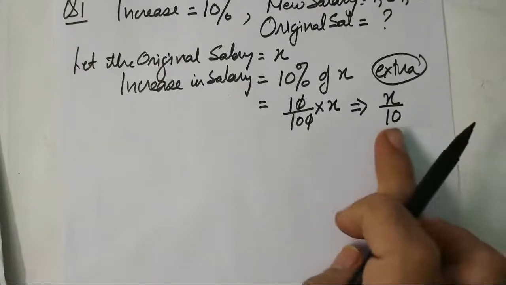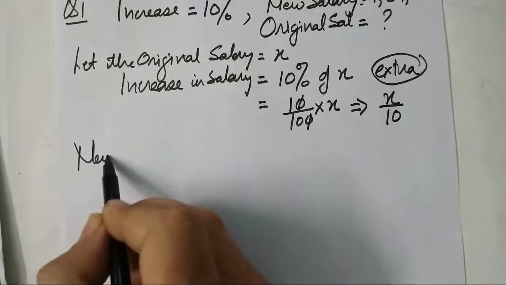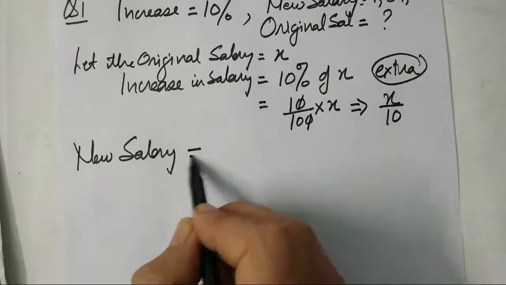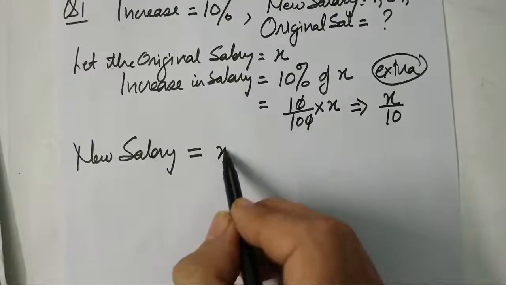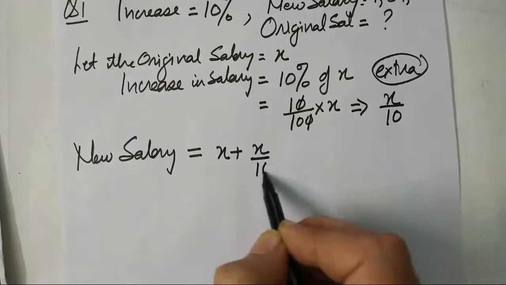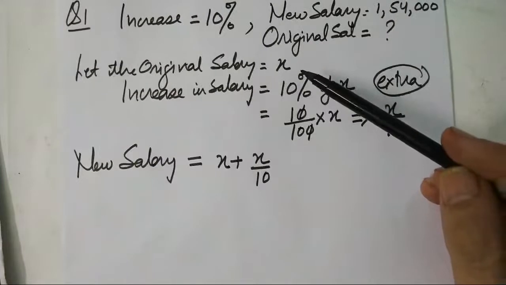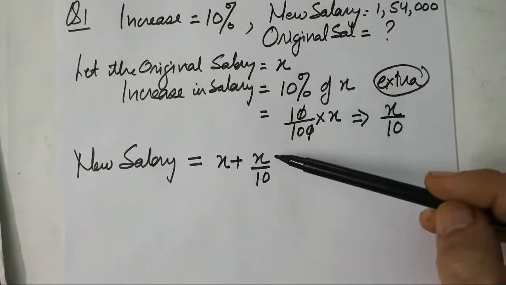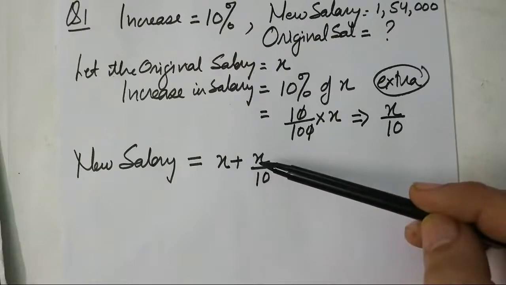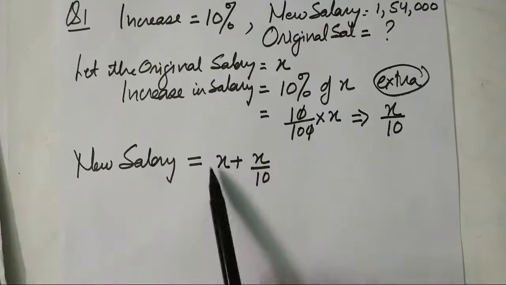So after he gets this much increase, what is his new salary? His new salary becomes X he was getting plus X upon 10. He will get X rupees which he was getting earlier, and now he will get this much more. So X is the original salary, and this will be his total new salary.